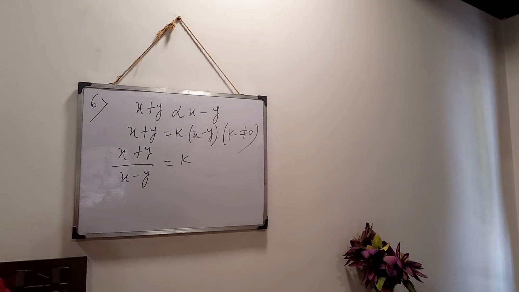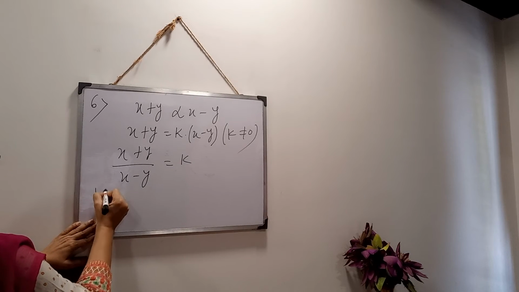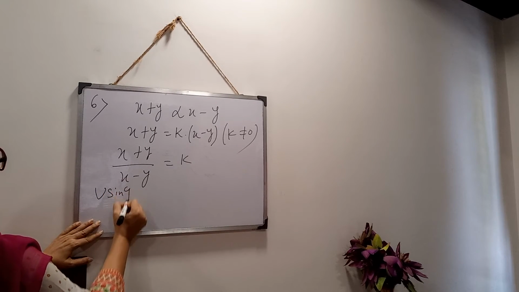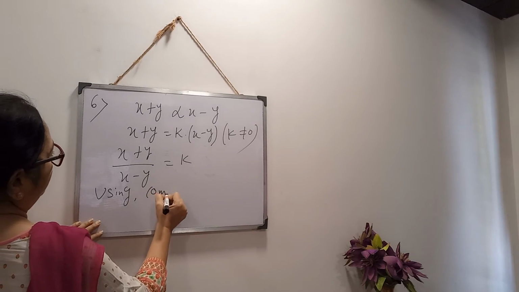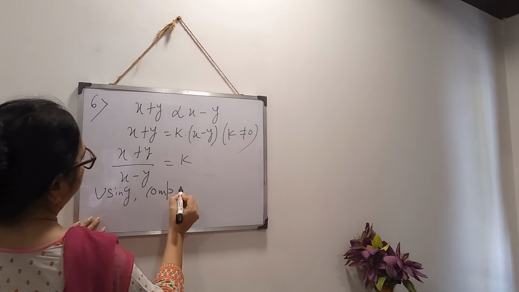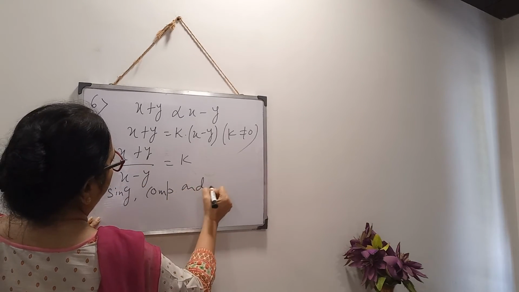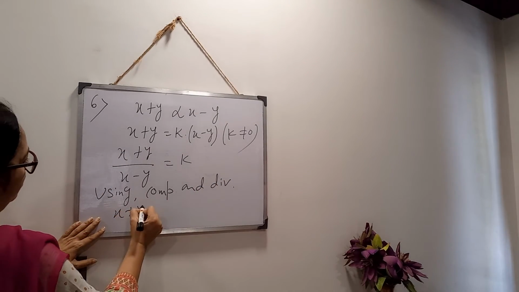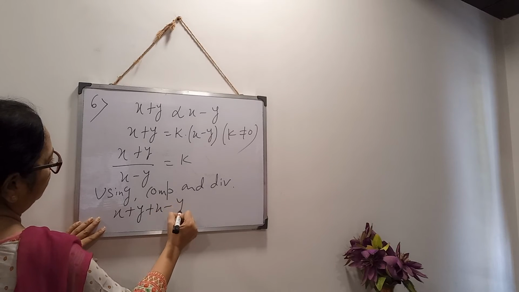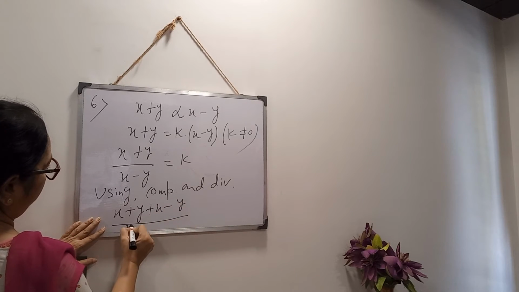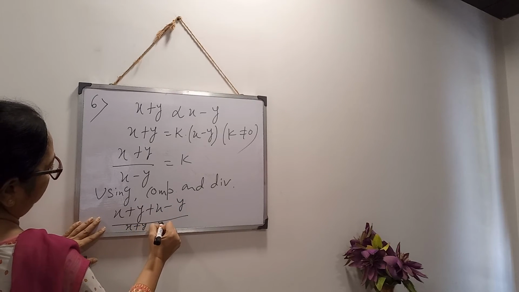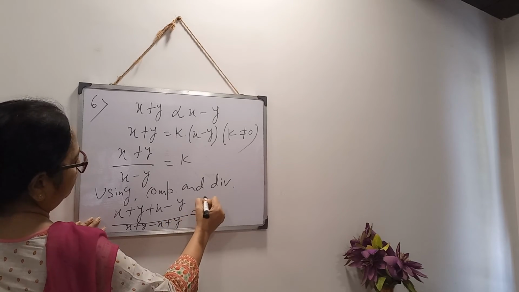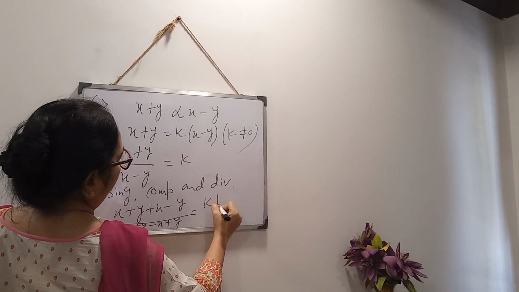Then applying componendo and dividendo, we will get a relation between x and y. Right hand side k means k by 1.